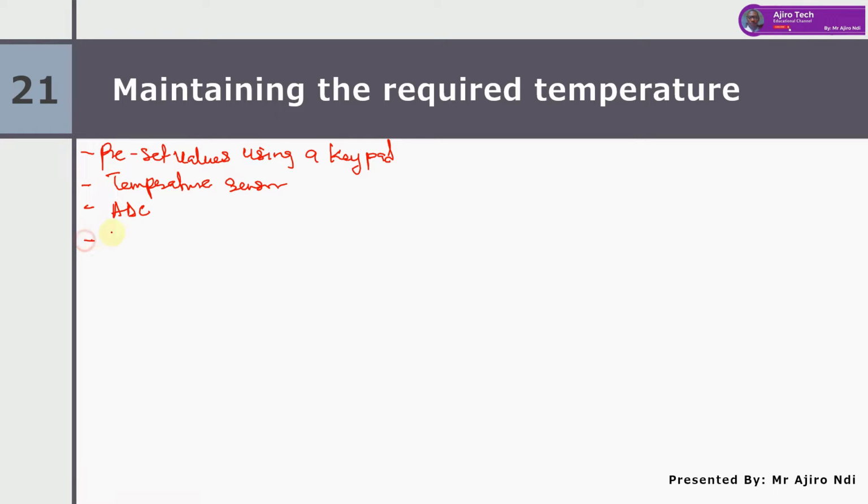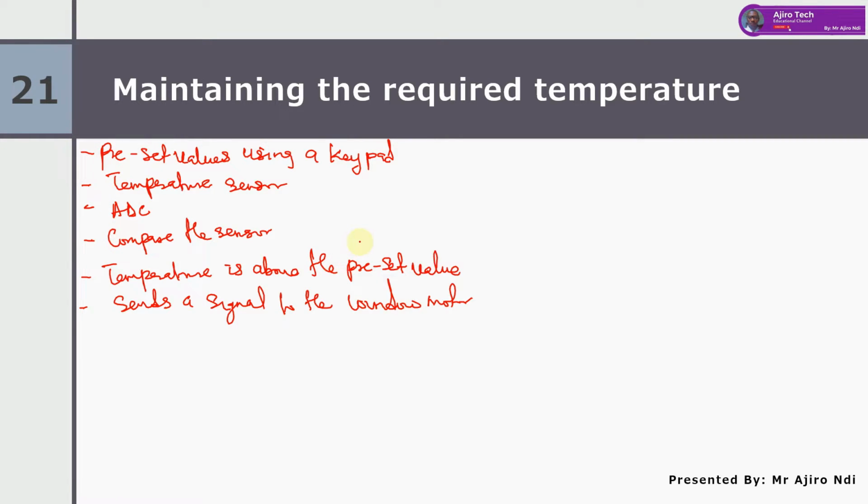The computer will compare: if the temperature is below the preset value, what happens? Now it's going to send a signal to the what? To the motor to close the window, or leave it closed if it's already closed. It also sends a signal to the actuator to activate.